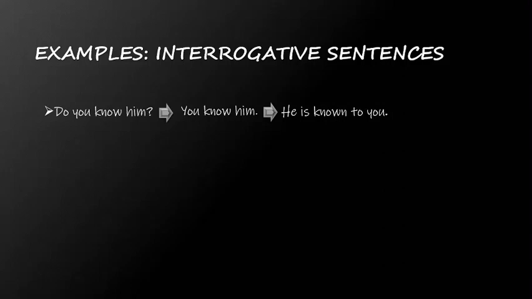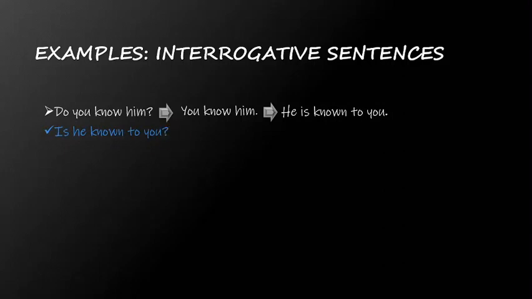Is is the be verb, known the third form of the verb, to you. Now, what did I say? Once you have converted it into a passive assertive sentence, convert it again into interrogative. Bring the auxiliary verb at the beginning. So it becomes, is he known to you?